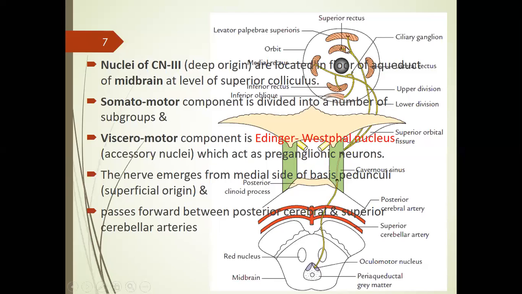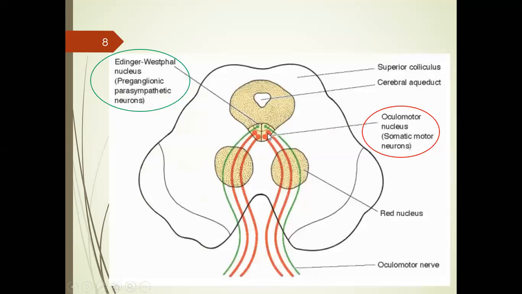So this upper division is supplying superior rectus and levator palpebrae superioris, and lower division is supplying medial rectus, inferior rectus, and inferior oblique muscles. So red color showing the main oculomotor nucleus, and green color is the Edinger-Westphal nucleus. So from Edinger-Westphal nucleus, you will get preganglionic parasympathetic fibers.